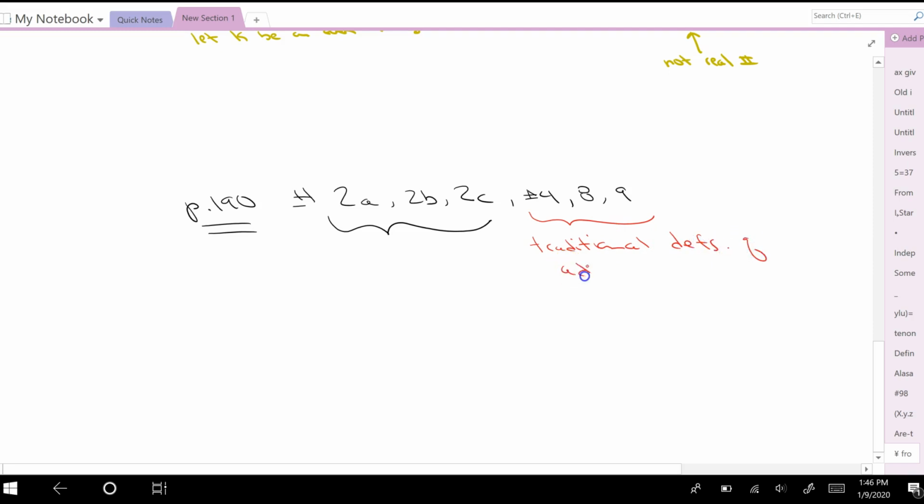Okay. Let me finish writing this down. Good. Okay, I changed it. I don't want you to do number 9. Instead, I want you to do number 12. Okay, so 4 and 8, traditional definitions of addition and scalar multiplication.